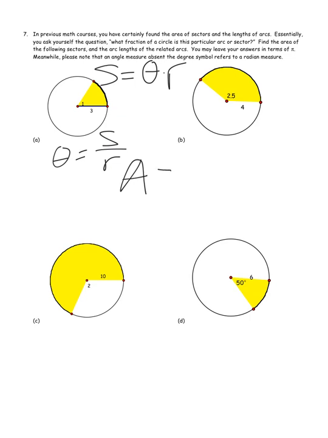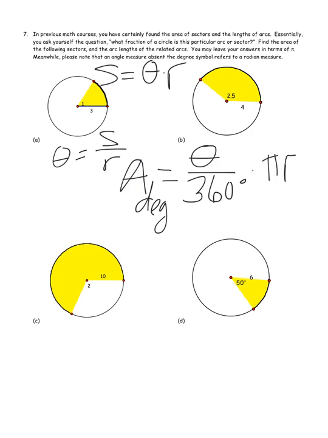In degrees, my area is equal to my angle measure in degrees over the total angle if we were talking about the entire circle, which would be 360 degrees. So what fraction is my angle of the total angle of a circle, 360 degrees, times pi r squared. So if you have it in degrees, I would use that.